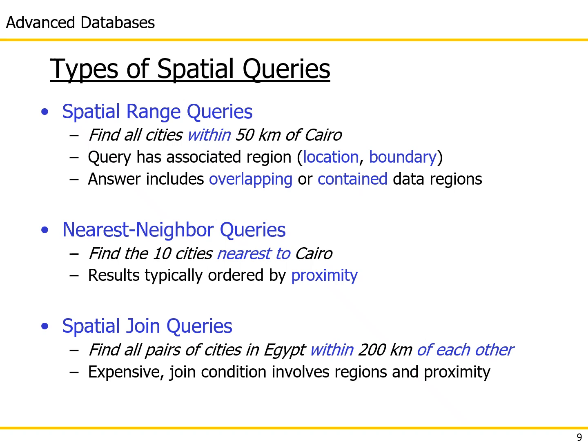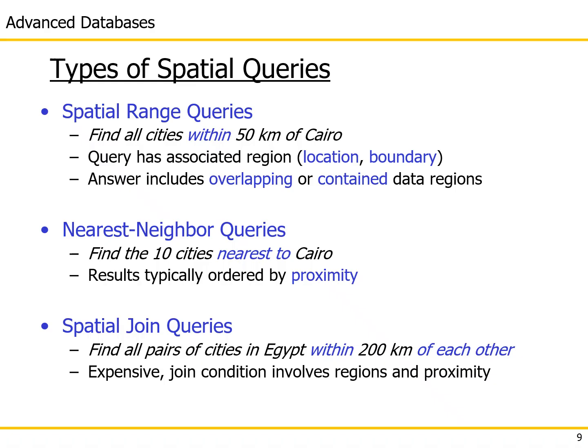So you ask about a target location within some distance. For example, find all cities within 50 kilometers of Cairo. Okay? So you are basically giving a range, a number, and you ask about what's within this range or what's outside this range. So that's called a range query.